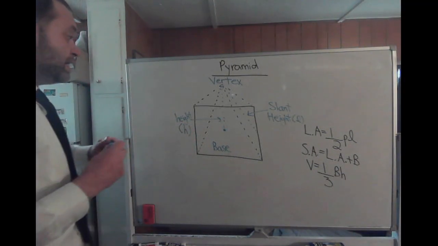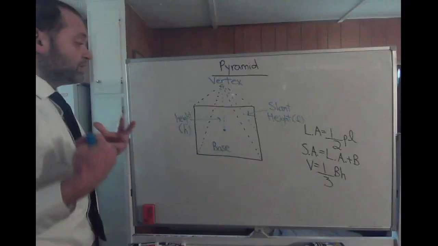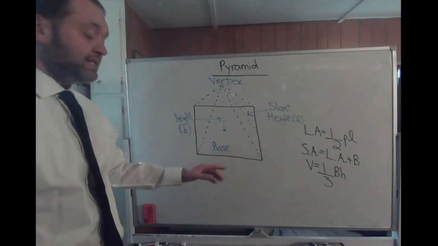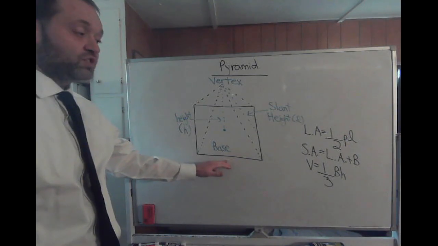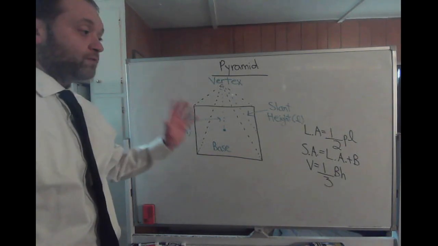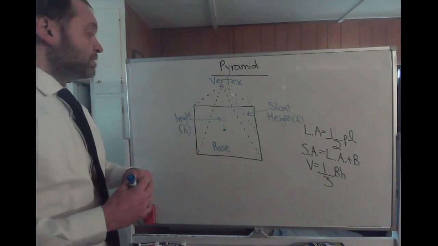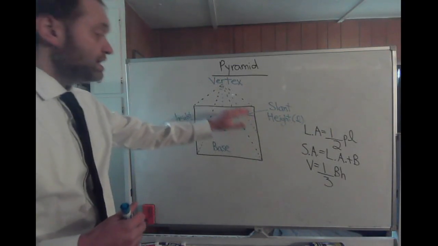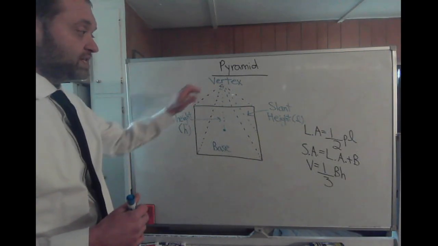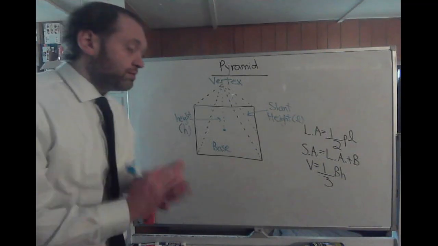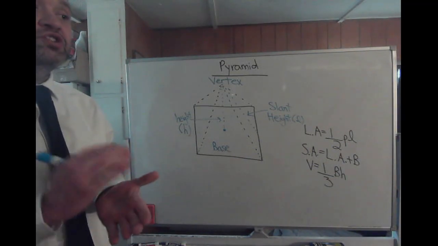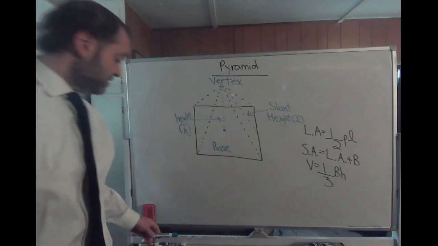Okay? Now, your faces, you count how many sides you have on the base here, which would be 4 since it's a square, which means you'll have 4 faces. But since you only have one base and your faces intersect at a point above the base called the vertex, the faces of a pyramid are always congruent isosceles triangles.